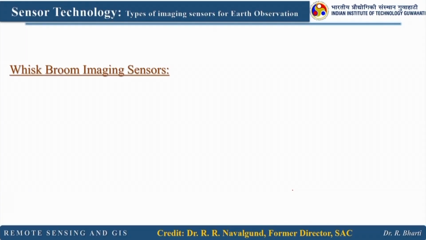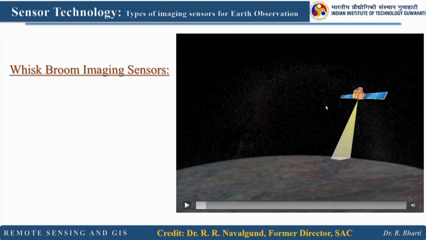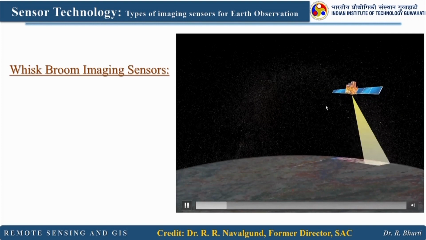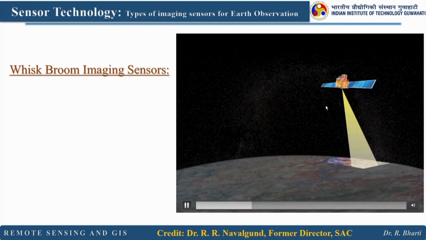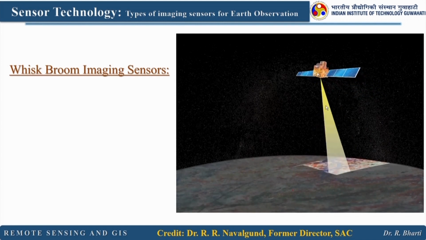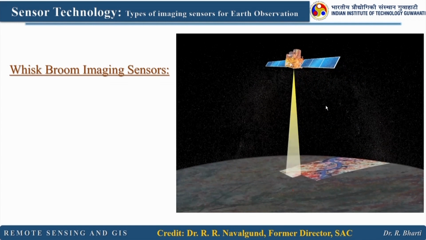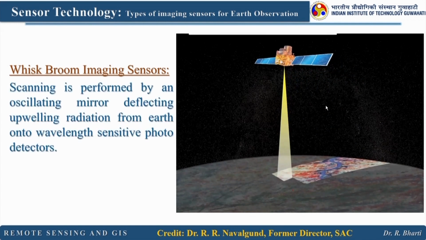There is whisk broom imaging sensor or whisk broom imaging technology, where you can see how it images a particular area. It is something like sweeping your floor with a broom. I hope this is clear.